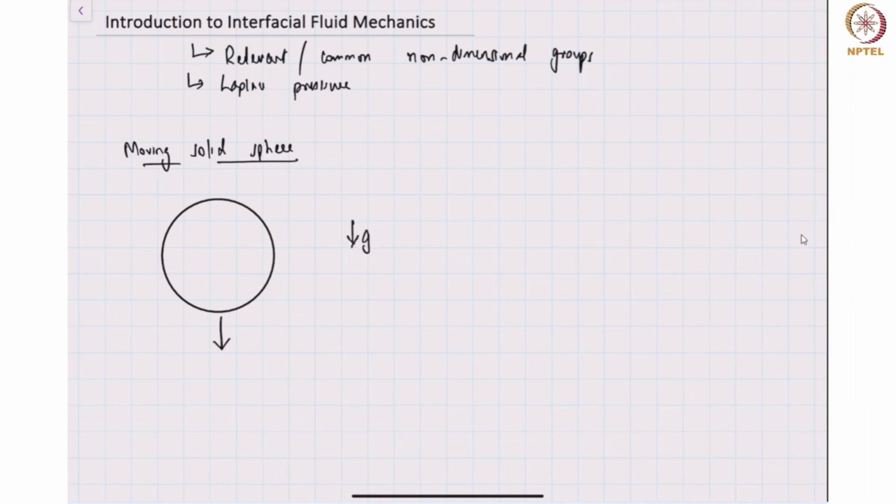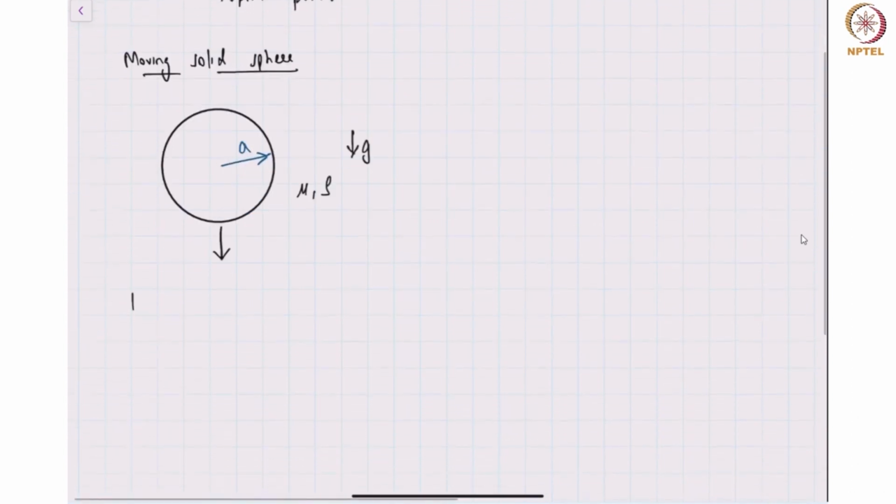And let's say the particle size is A. It could be the radius. And it's moving in a fluid or a gas whose viscosity is mu and density is rho. Now I could be asking, what is the drag force?